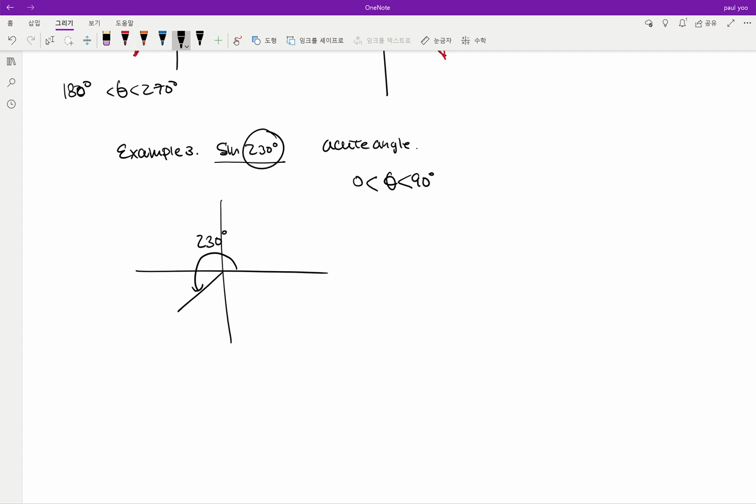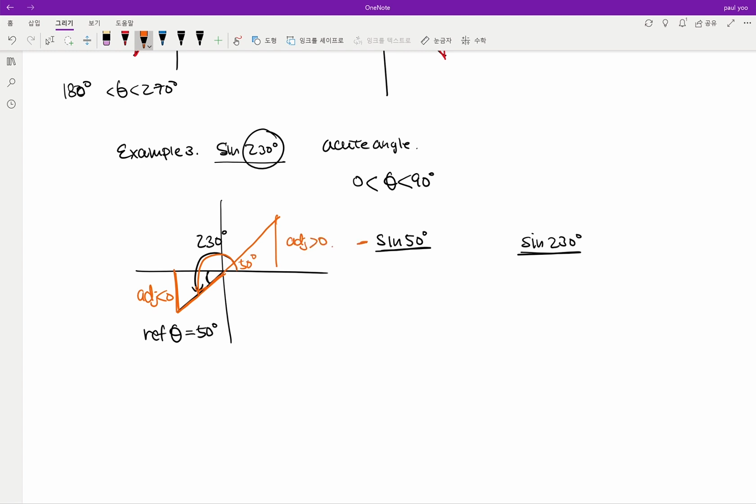First of all, the reference angle is this angle right here, and the reference angle is going to be 50 degrees. So sine of 50 degrees is somehow relevant to sine of 230 degrees, but the only difference is that sine of 230 degrees will give you the adjacent value that is negative, whereas 50 degrees gives you the adjacent that is positive.